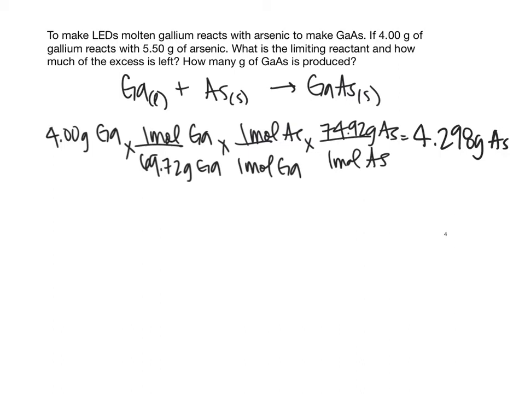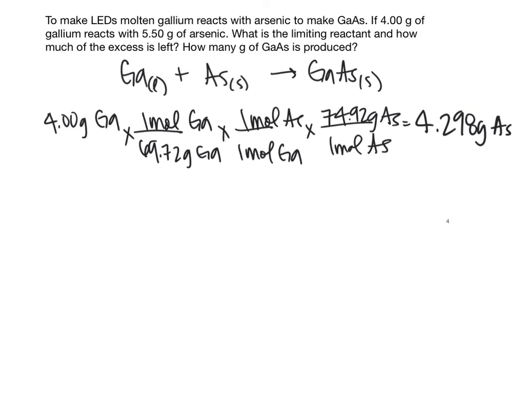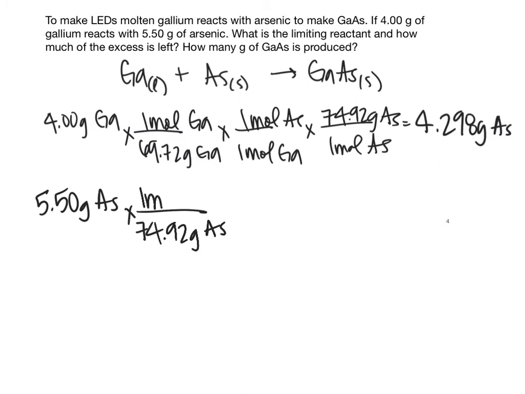So this could be the end of the question. I am going to go ahead and solve as if you had started with arsenic. So if you had started with arsenic, you're going to take your 5.5 grams of arsenic. We're going to do a very similar calculation, except there are 74.92 grams of arsenic in 1 mole of arsenic.